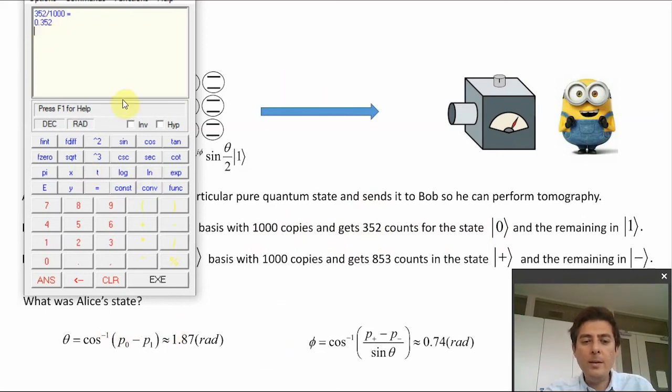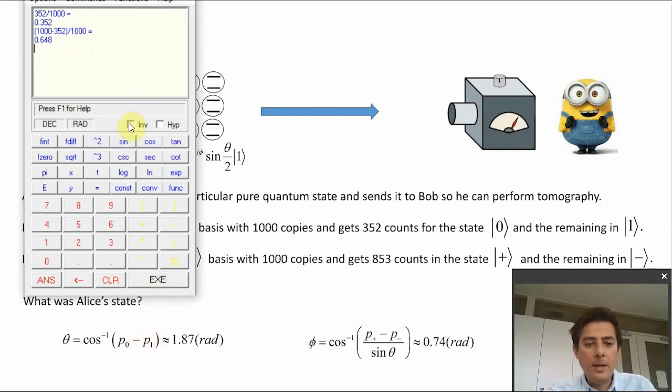For P1, the remaining counts are all in P1, so it's 1,000 minus 352, and we need to turn that into a probability as well, so that's 0.648. So that's P1.